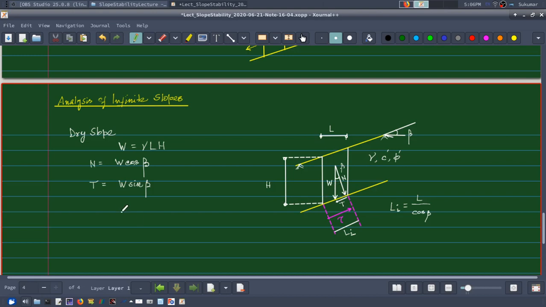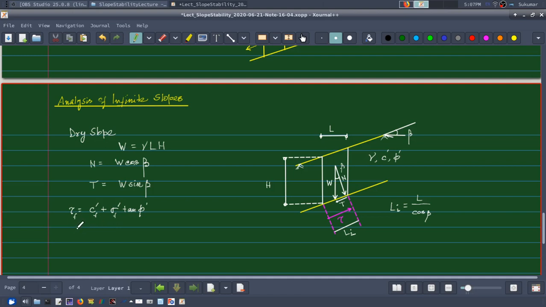Based on the Mohr-Coulomb failure law, I can write the shear strength as c dash plus sigma dash tan phi dash. If this is the peak shear strength of the soil, then I would write tau f equals c' f plus sigma' f tan phi' f.